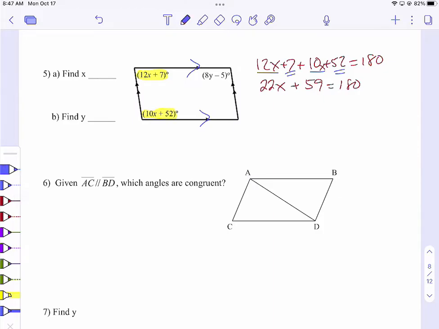Now I'm going to subtract 59 from both sides. What does that equal to? 121 divided by 22. What is that, 5.5? Yeah, I did it in my head. All right. So 5.5.